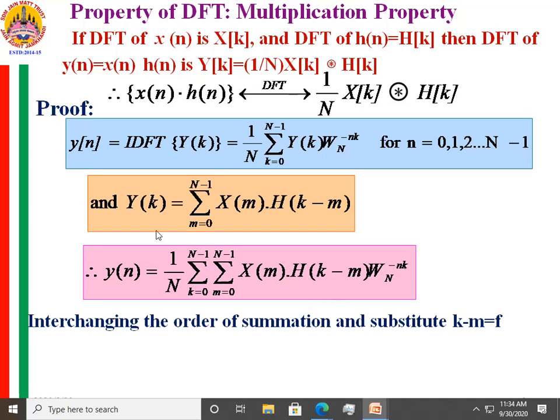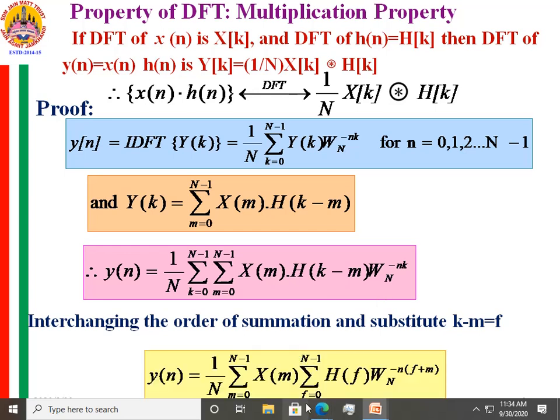And f will also vary from 0 to N minus 1 because H[k] and this W both are periodic with the same period of capital N. So the total N number of values we have to consider. So this again will vary from 0 to N minus 1, H[f] into W_N raised to minus n(f plus m).